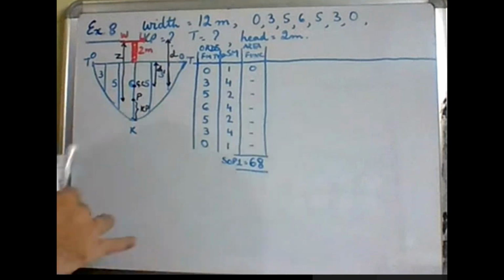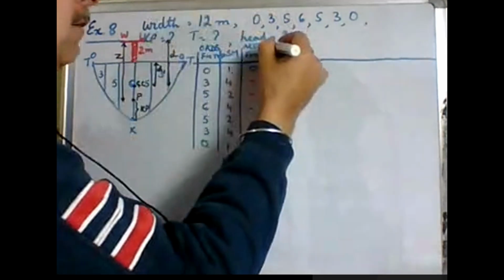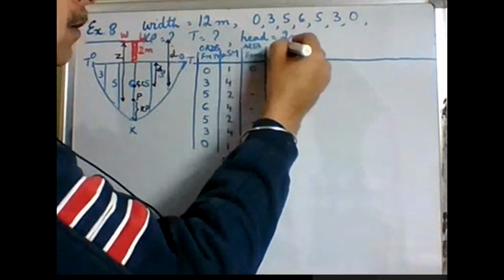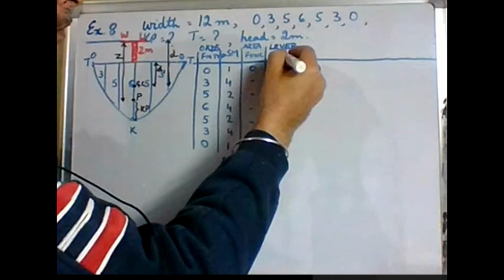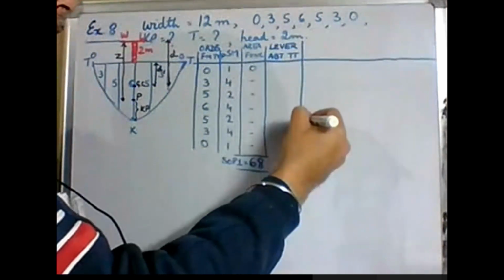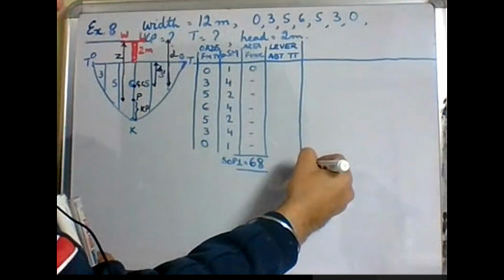So vertical ordinates. What is the lever in them? Lever about the tank top. The levers are the ordinates themselves.